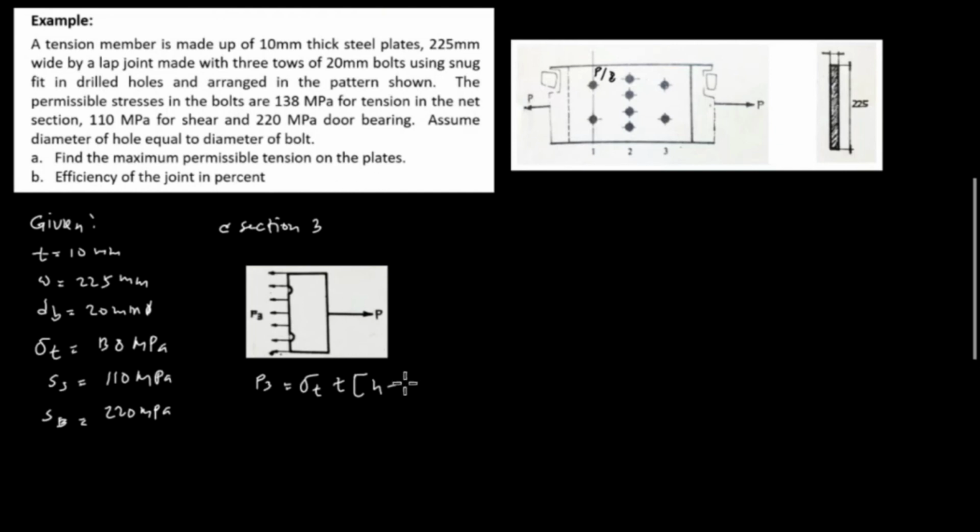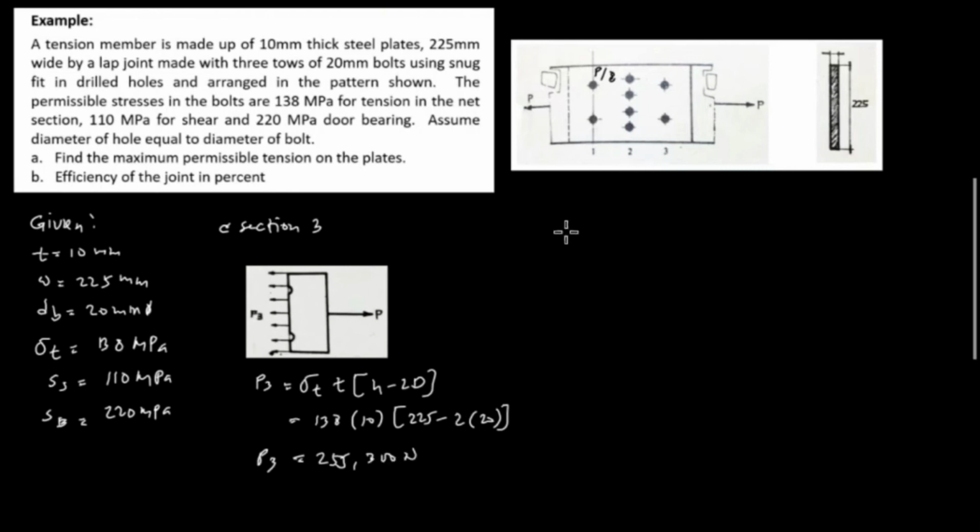and this is the tensile stress 138 multiplied by the thickness of the plate times the height 225, less twice the diameter of the bolt on the tearing plate, and P3 is equivalent to 255,300 Newton.